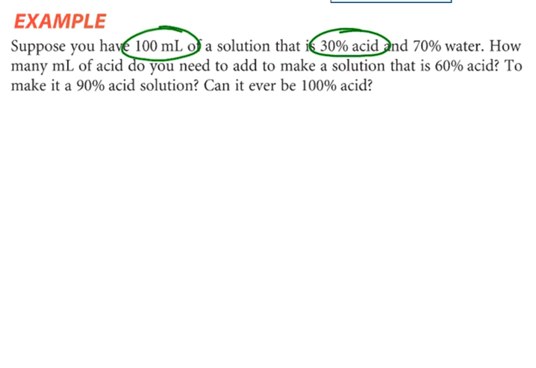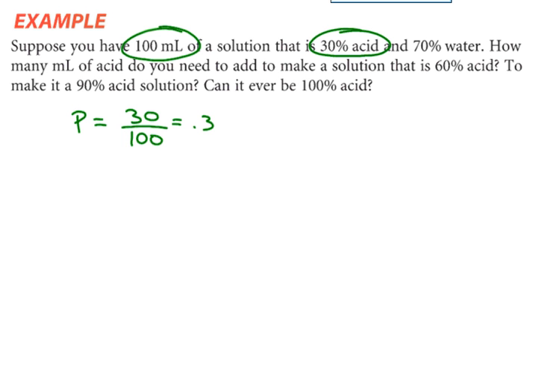If 30% of our 100% is acid, then that means we must have 30 milliliters of acid. So our percentage of acid is 30 milliliters out of 100 milliliters, which would equal our 0.3 or 30%.